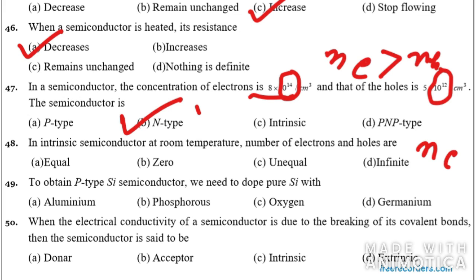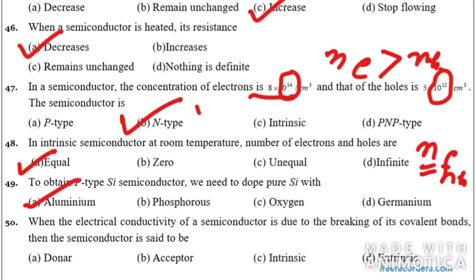Ne is equal to Nh. The next one, to obtain p-type silicon semiconductor, we need to dope pure silicon with aluminium, phosphorus, oxygen, or germanium. So the right option in this case is aluminium. We need to dope pure silicon with aluminium to obtain p-type semiconductor.